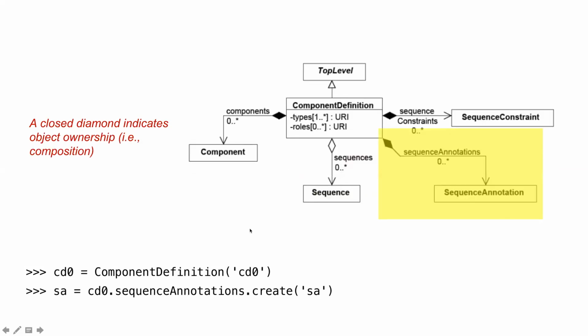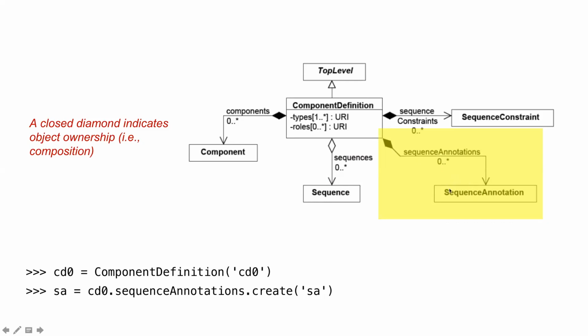The other type of attribute is a closed diamond arrow, and this indicates compositional relationships, such that the sequence annotation object related through this attribute is compositionally related.